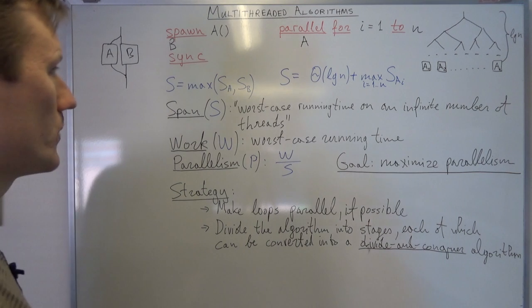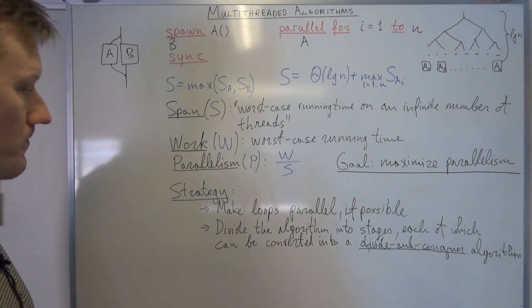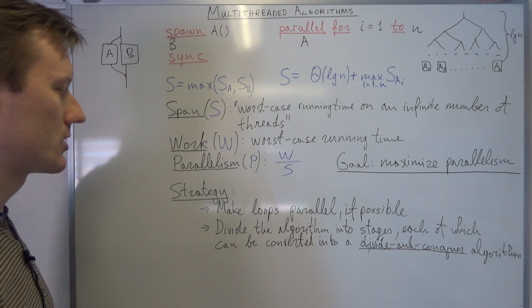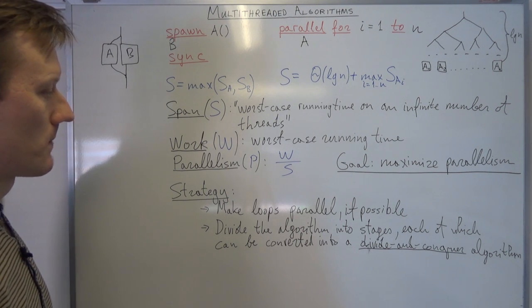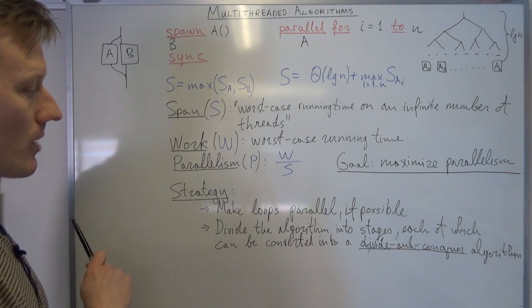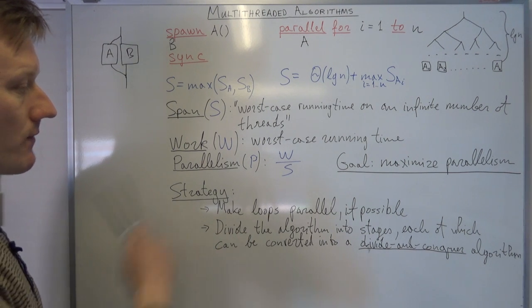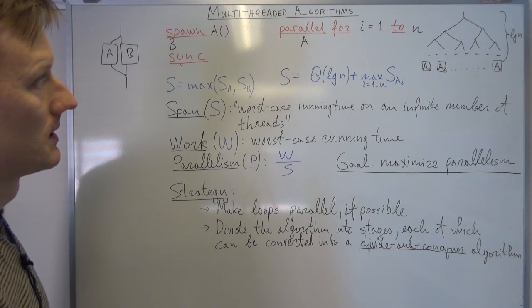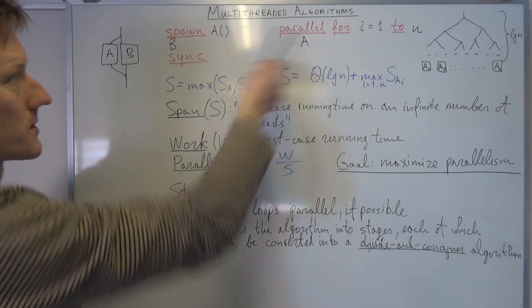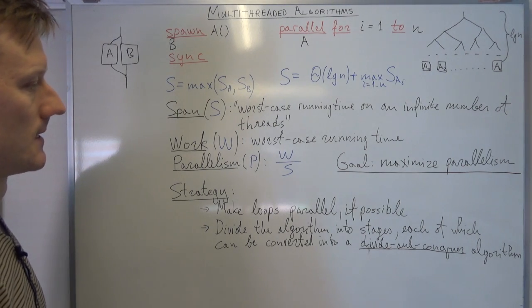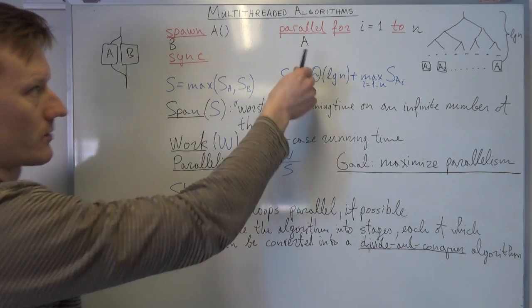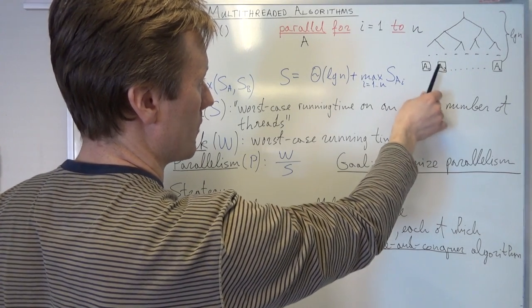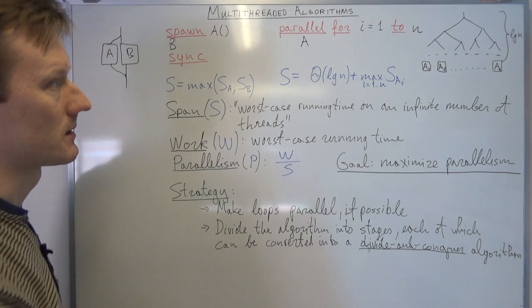So how do we parallelize an algorithm? One possible strategy is to first try to see if some of the loops can be easily parallelized by just adding the parallel keyword in front of them. We cannot parallelize all the loops in this way, as we saw in the lecture. If one iteration of the loop depends on another iteration, so A2 needs the results of A1, obviously we cannot perform them in parallel.